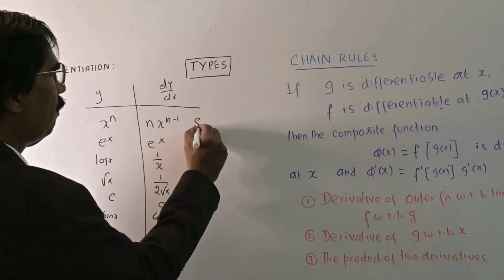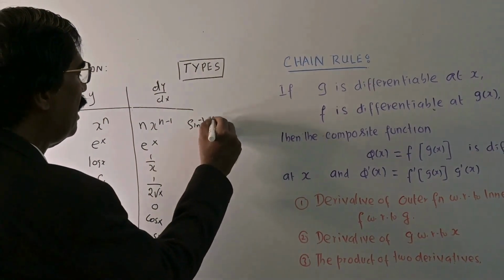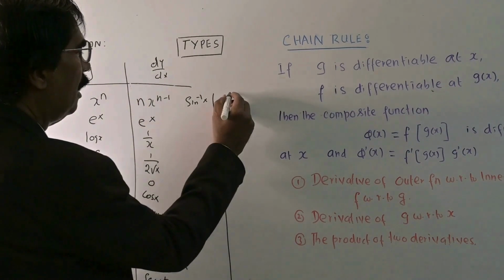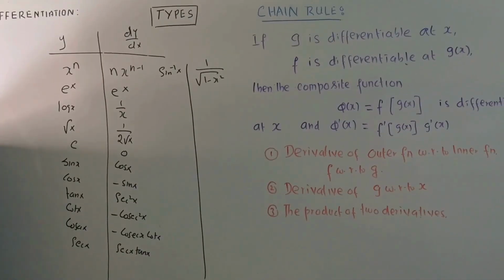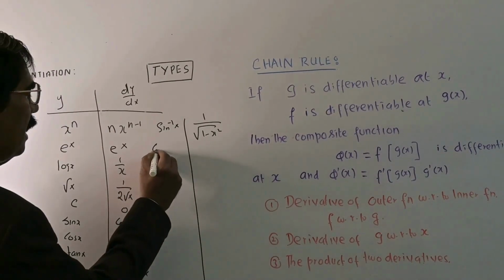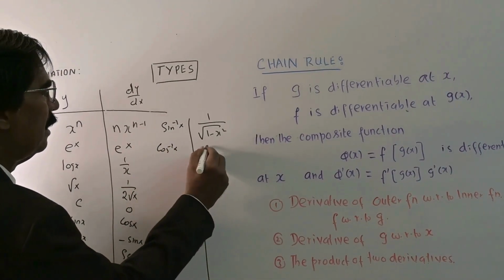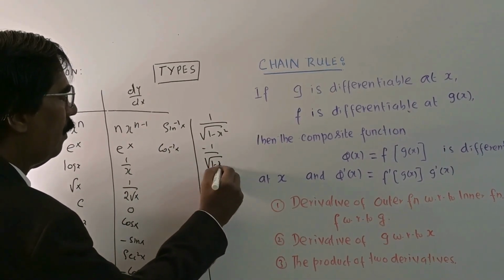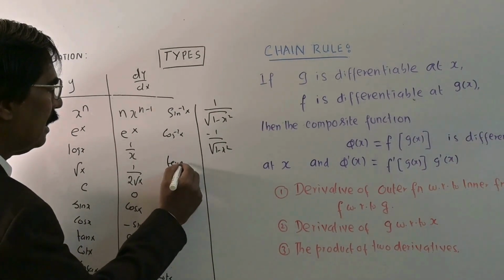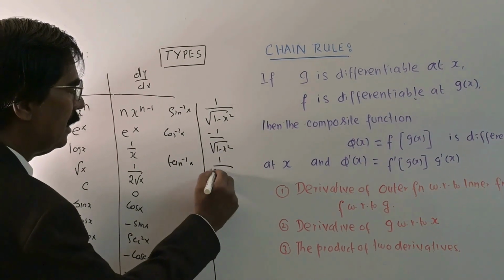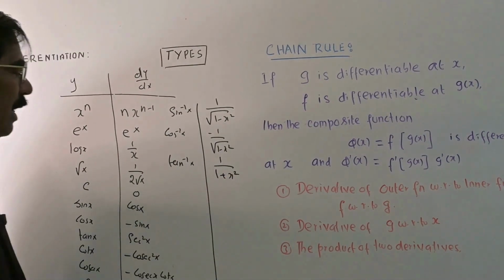The same way, when you differentiate sin inverse x, you will get 1 by root of 1 minus x square. When you differentiate cos inverse x, minus 1 by root of 1 minus x square. When you differentiate tan inverse x, it is 1 by 1 plus x square.